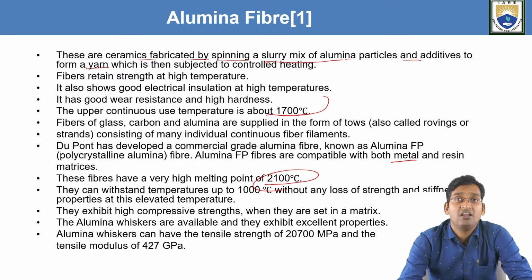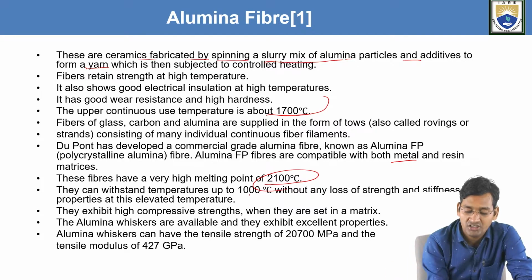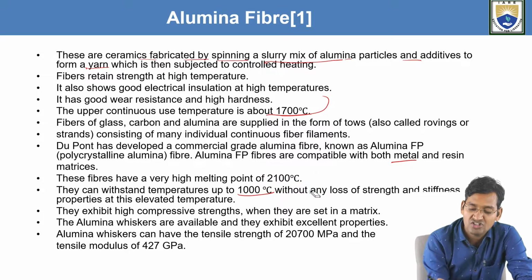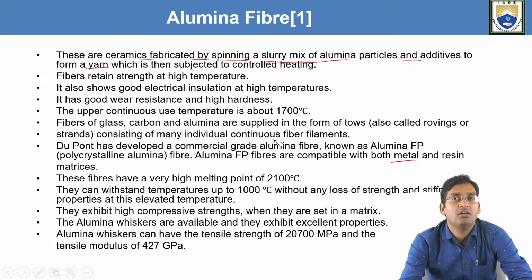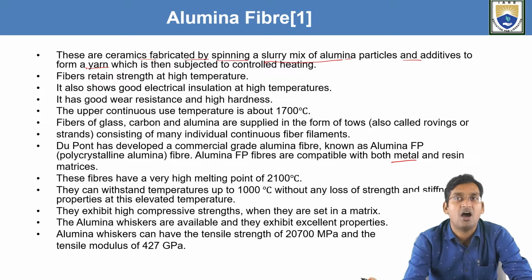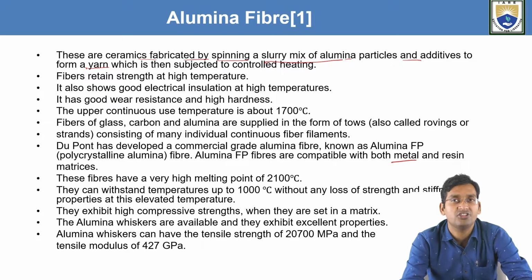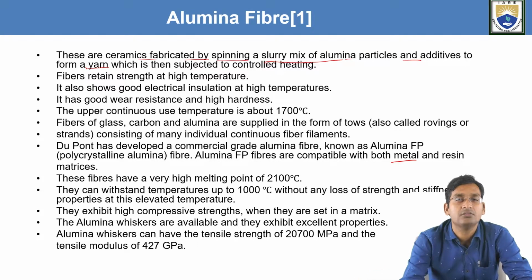They can withstand temperatures up to 1000 degrees Celsius without any loss of strength. Whatever the strength is, if you heat up to 900, 950 degrees Celsius, you will see the same strength. After that, if you heat more than 1000 degrees Celsius, their strength starts decreasing.